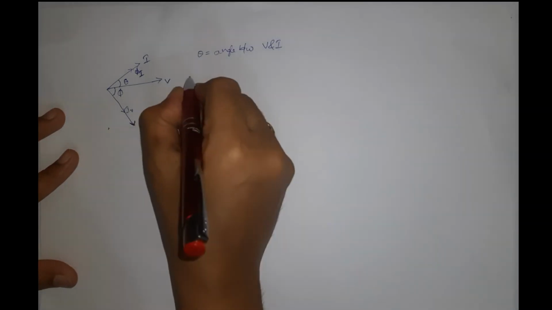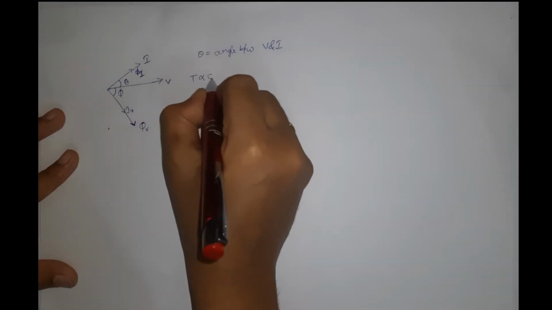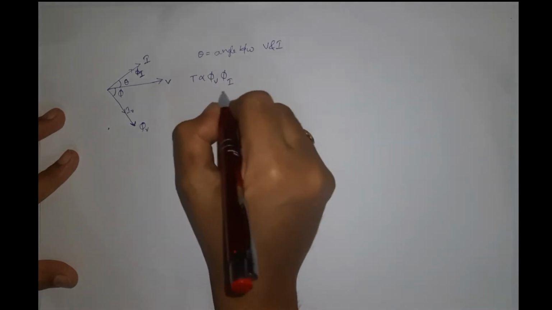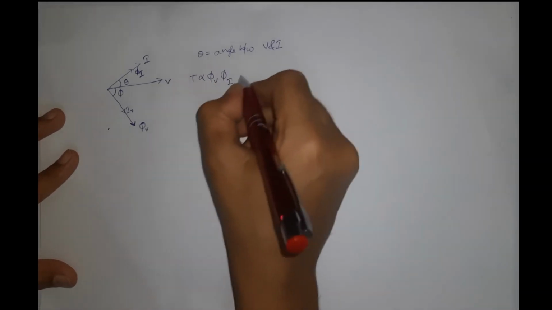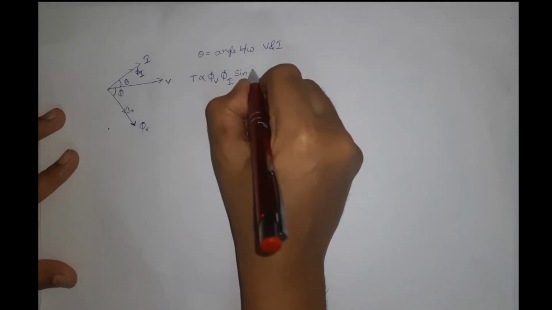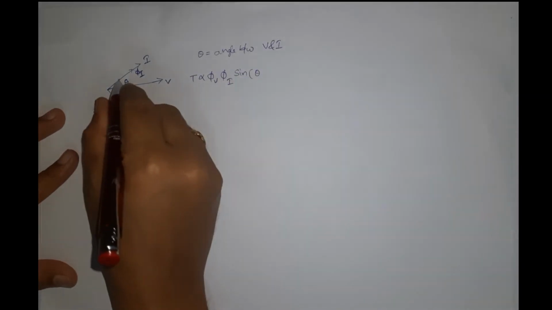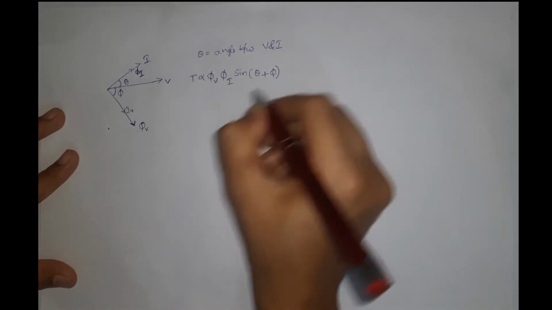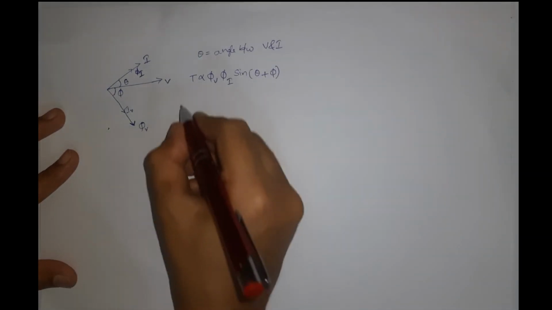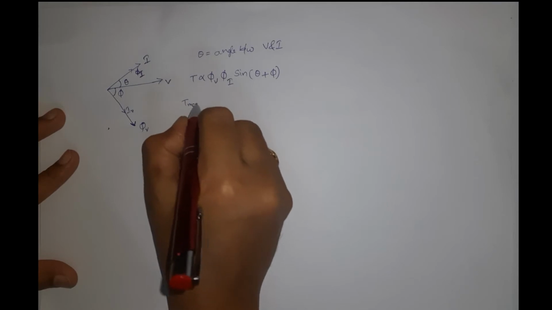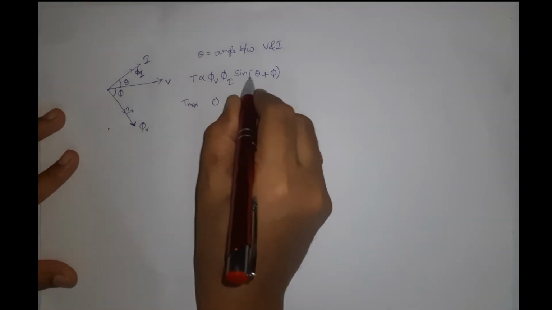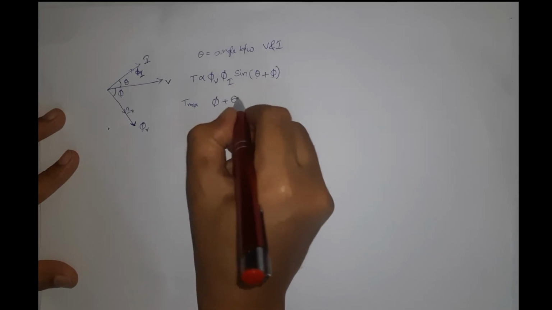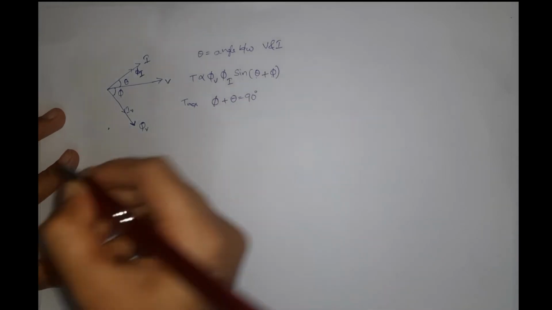Now we know that torque is proportional to the flux induced in both the coils, that is the interaction of both the fluxes, into the sine of the angle between them. The sine of the angle between them is sine of theta plus phi. To get the maximum torque, sine of theta plus phi must be maximum, that is phi plus theta must be 90 degrees.